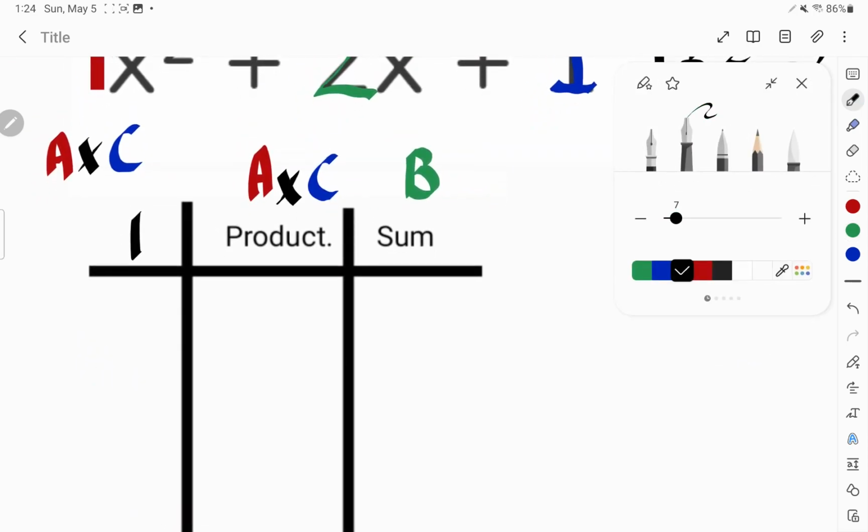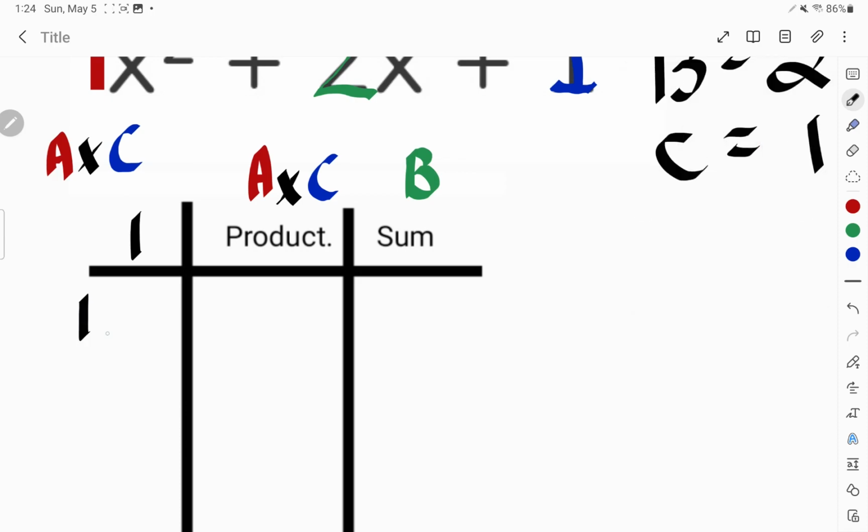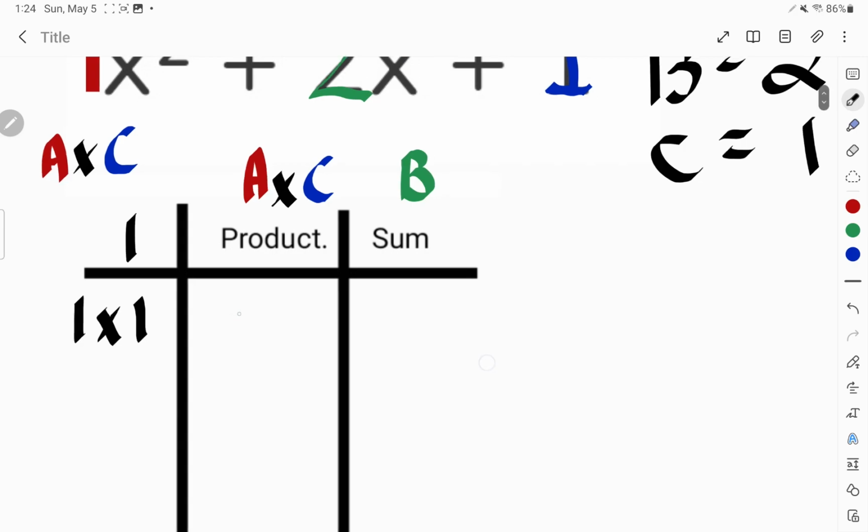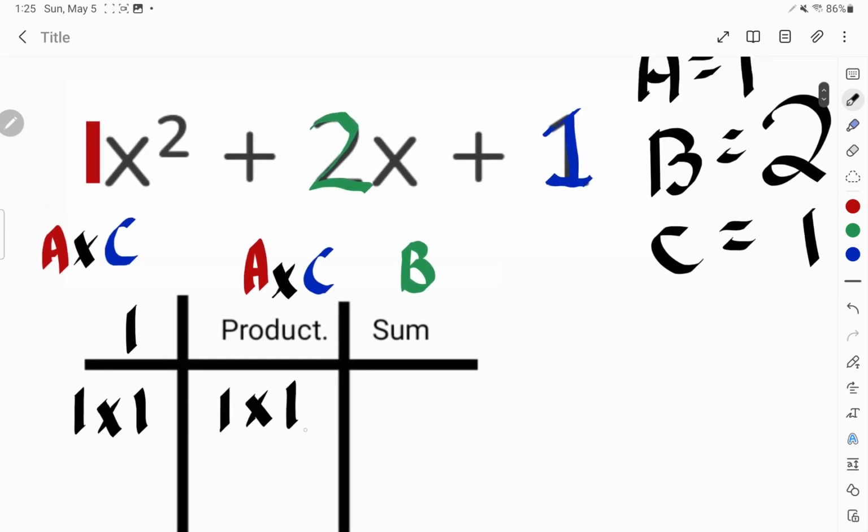So what gets me 1? This is a really easy problem because the only thing that gives you 1 is 1 times 1. So those are going to be my factors. Okay. Now, the second thing that you need to look at is the sum. If I add them, do I get 2? In this case, 1 plus 1 equals 2.